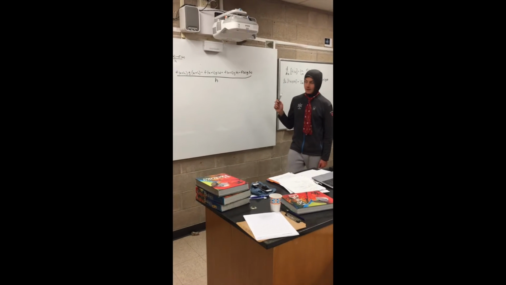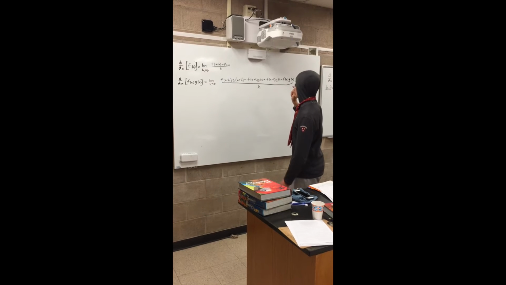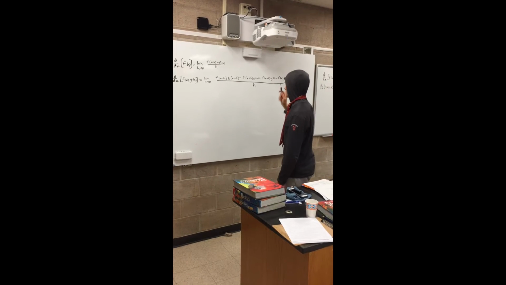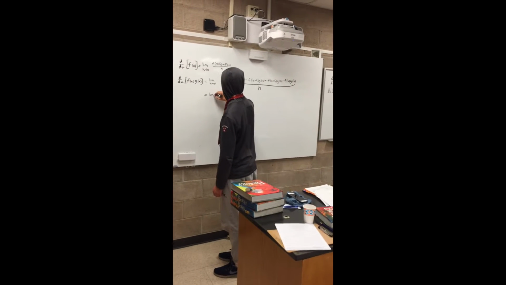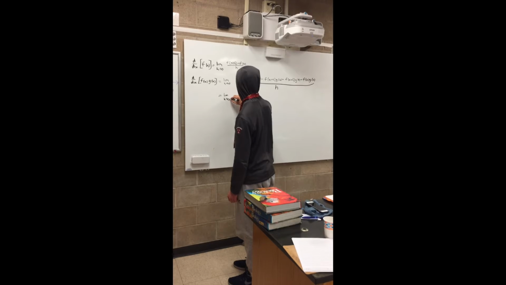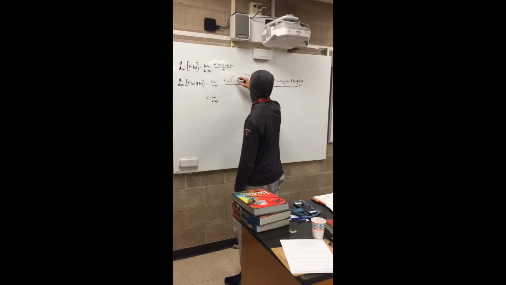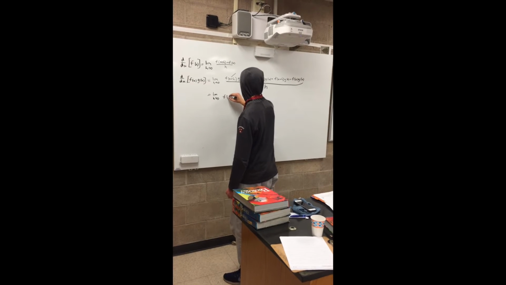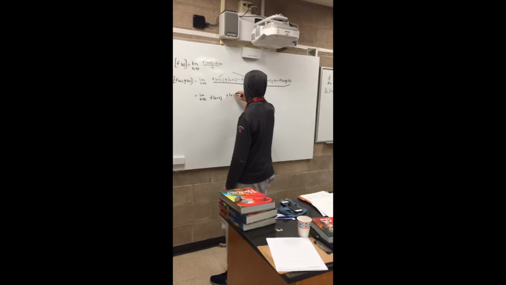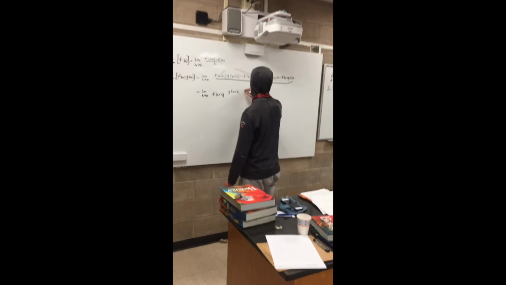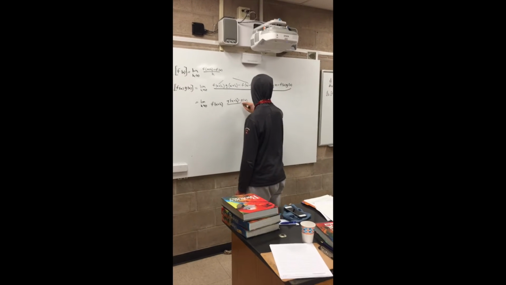Alright, continuing. Now we are going to put it in terms of f of x plus h and g of x. So in order to do this, we're going to always bring down the limit. This notation is very important. And then we are going to take out this f of x plus h right here to go f of x plus h times g of x plus h minus g of x over h.